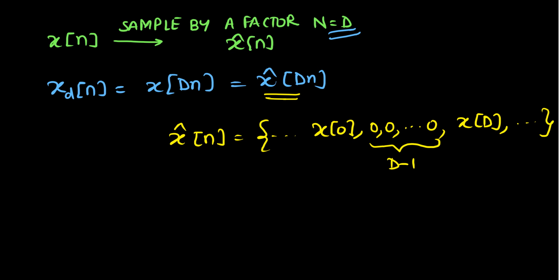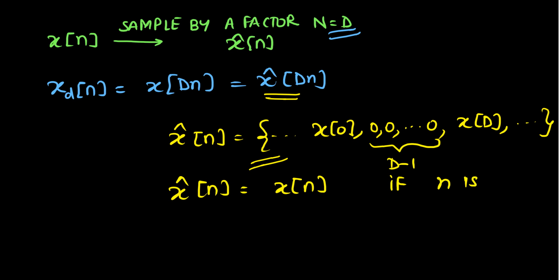So we can say that x hat of n is equal to x of n if n is a multiple of d, and it is equal to 0 otherwise.